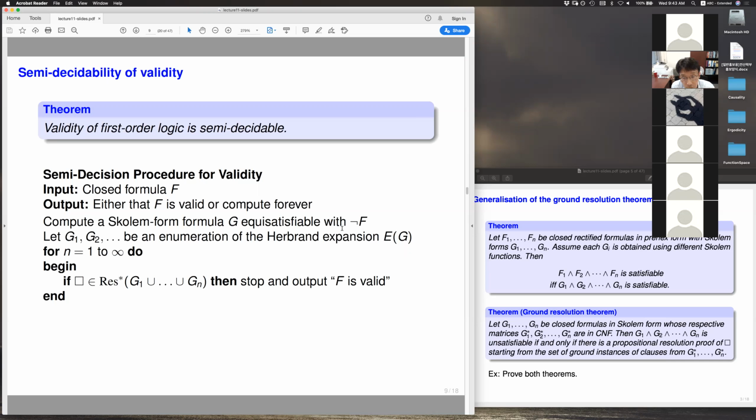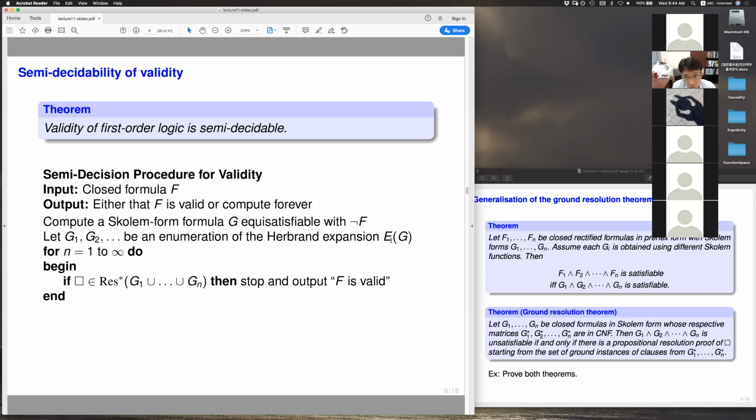Then we apply Prenex to change the negation of F into Skolem form, first converting it into Prenex rectified form and then applying Skolemization. That gives us a Skolem form formula G whose matrix, the unquantified part, is a CNF, and which is equisatisfiable with the original formula, the negation of F.